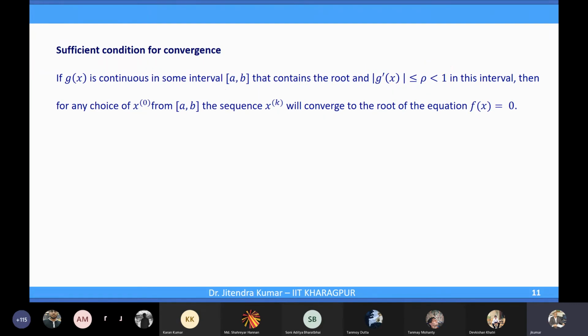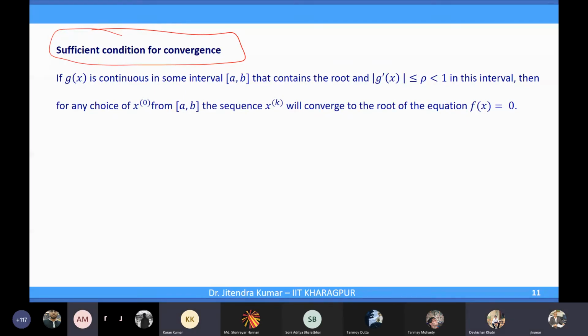That is the sufficient condition. Again, this is a sufficient condition. Don't confuse it: it does not mean that if you don't satisfy this, then it will diverge. No. If you satisfy this, it will converge. That is the surety we have from this result. Clear?